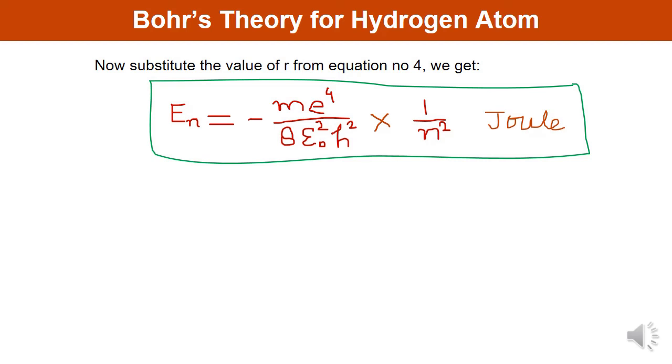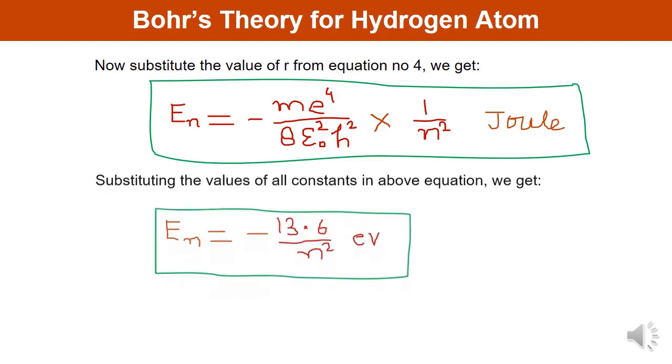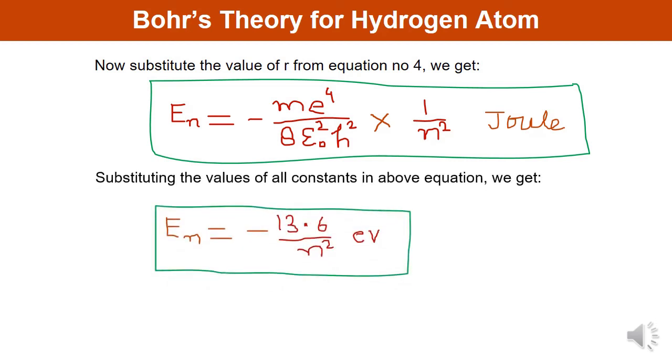This is when you substitute the value of r from equation number 4. All the constants m, e, ε₀, h, you substitute and simplify.